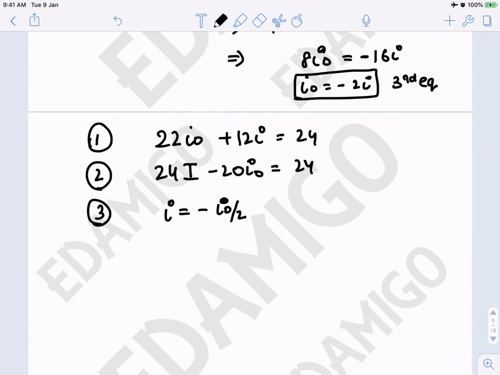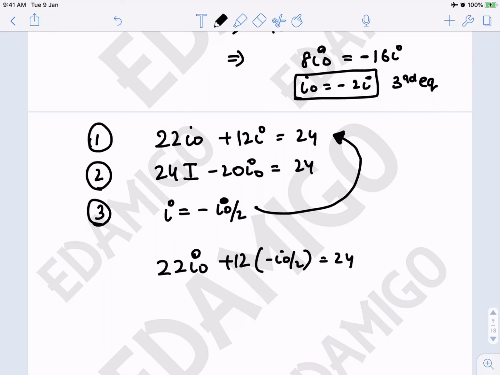Now using the third equation I can easily solve the question, because I only need I naught to solve the question. I don't need other values. So I equals minus I naught by 2. From the third and first equation, 22 I naught plus 12 into minus I naught by 2 equals 24. 22 I naught minus 6 I naught equals 24.